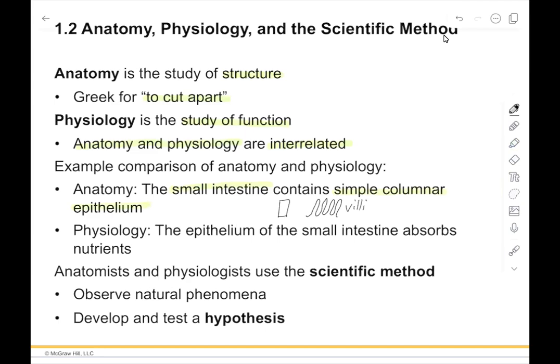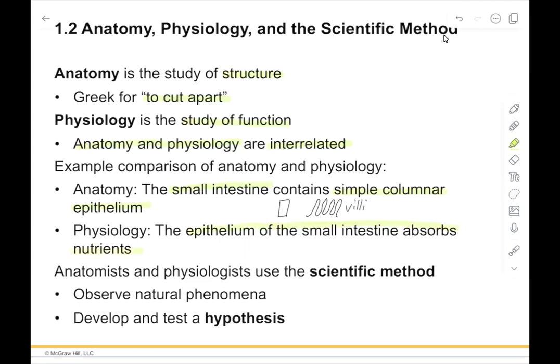These villi increase the surface area and allow for the physiology, which is the function, for absorption of molecules like nutrients that are in the small intestine at the time. So the physiology is the fact that the epithelium of the small intestine absorbs these nutrients.